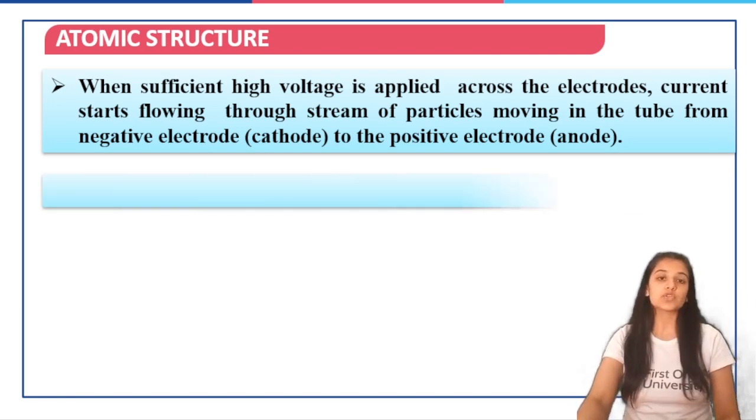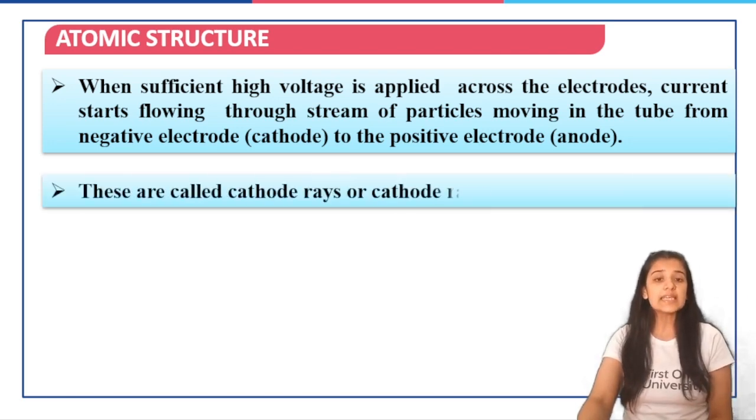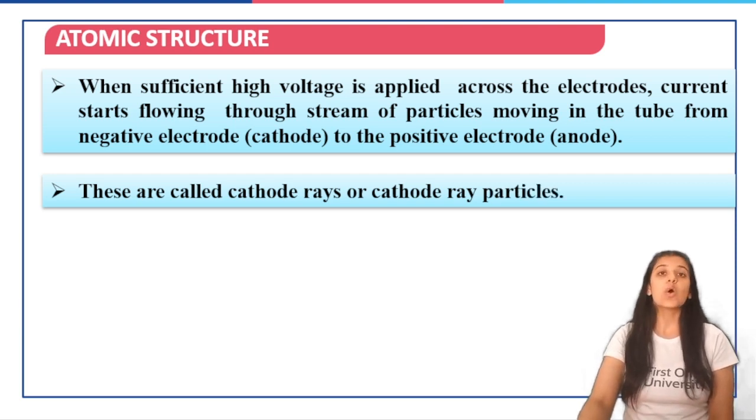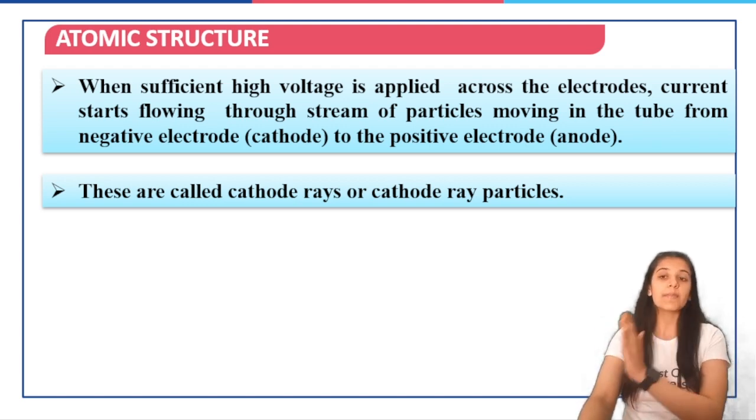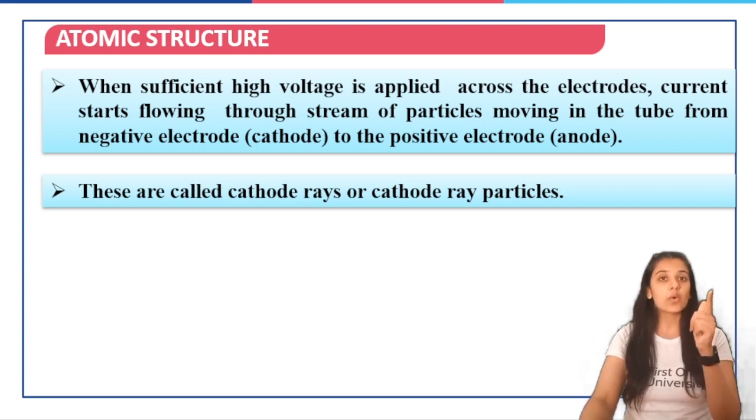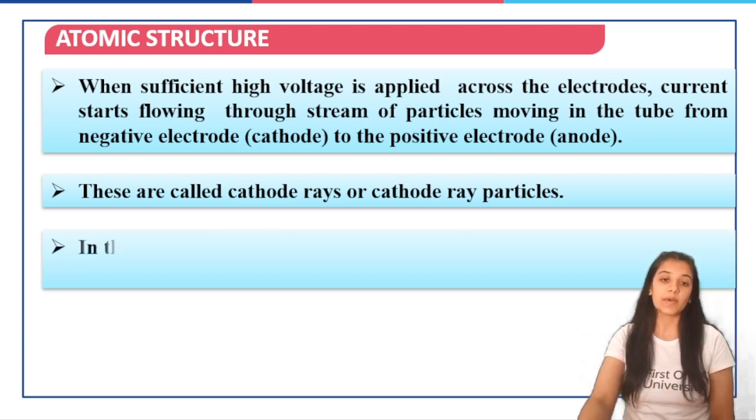These are called cathode rays or cathode ray particles. Because they are emanating from the cathode, we call them cathode ray particles.